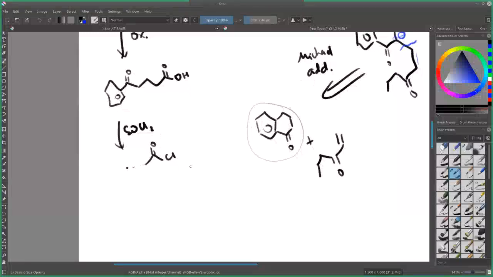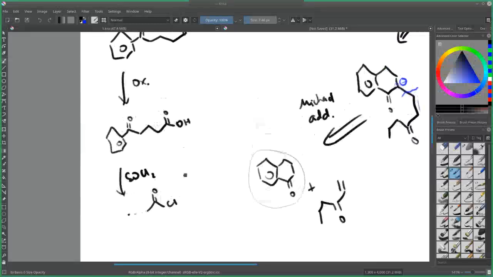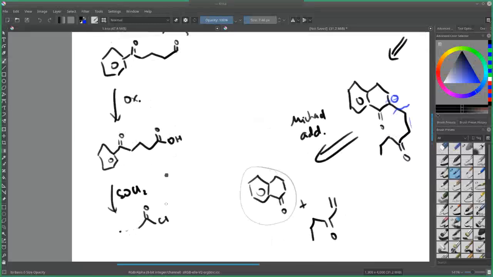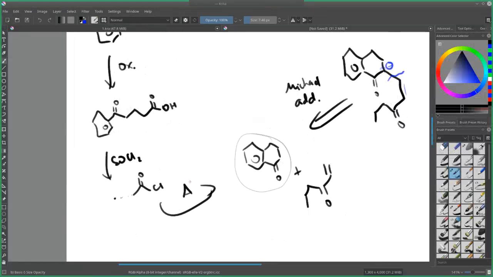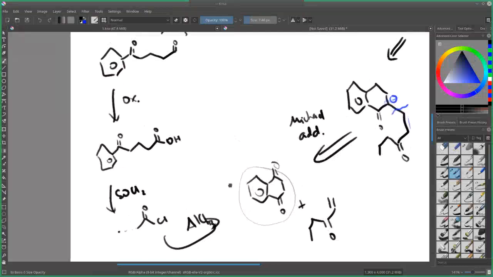Okay, and all right, now you have this acid chloride. So let's see, what can you do? Oh, but now if you do aluminum trichloride, then you're going to wind up with two ketones. And that won't work, right? Hmm. Okay.